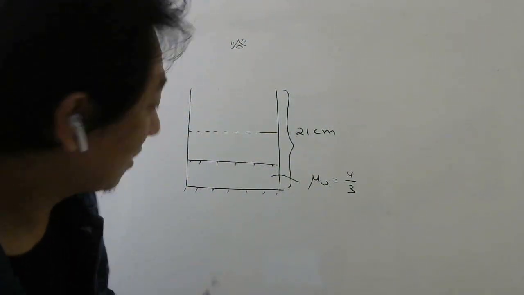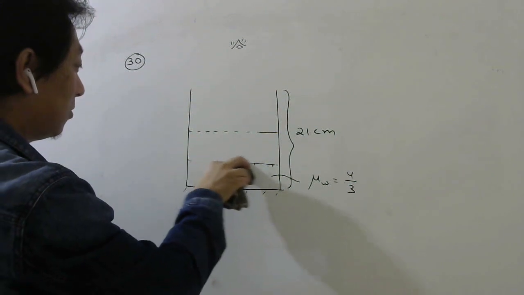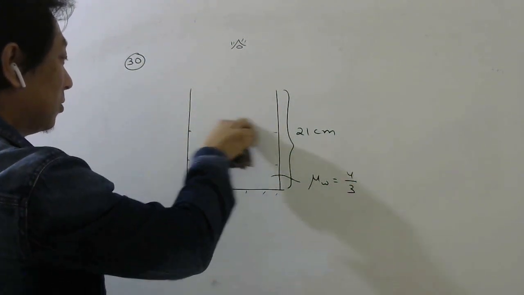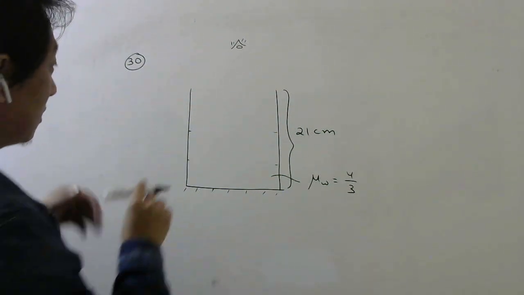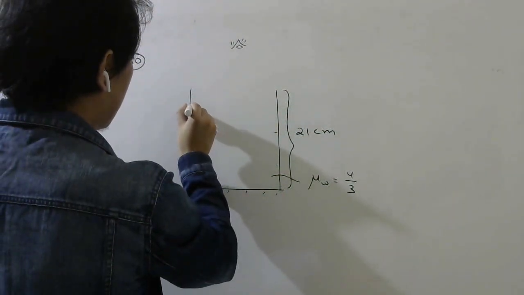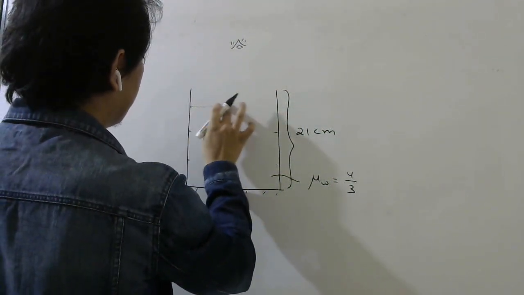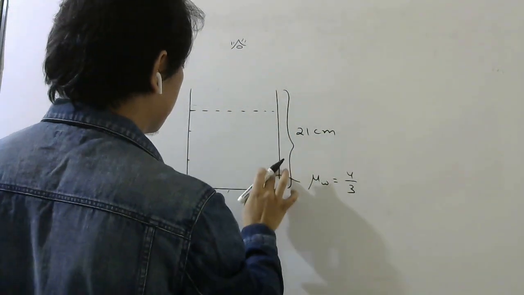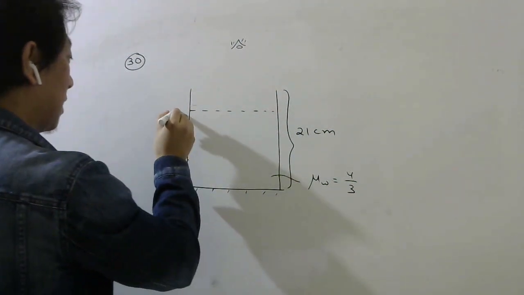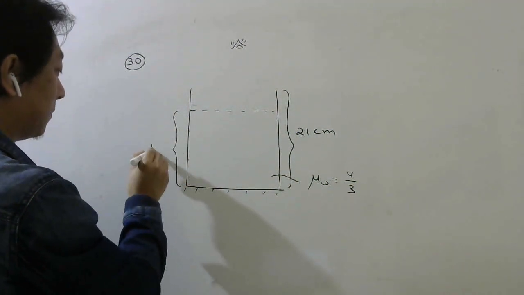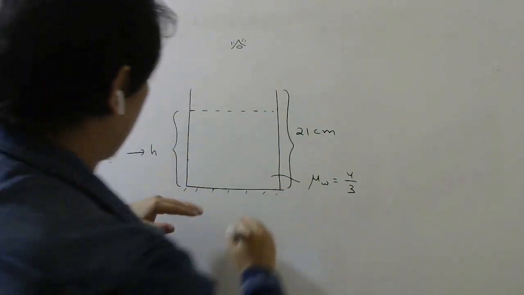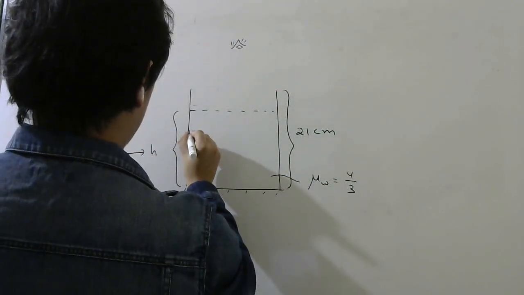Understood? No? Okay. So what we have to do is put water in such a way. So let us say I put water up to here. This is our question mark. So that when you see from here, this bottom should exactly appear here.